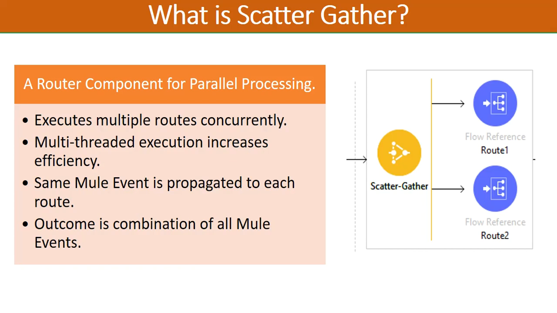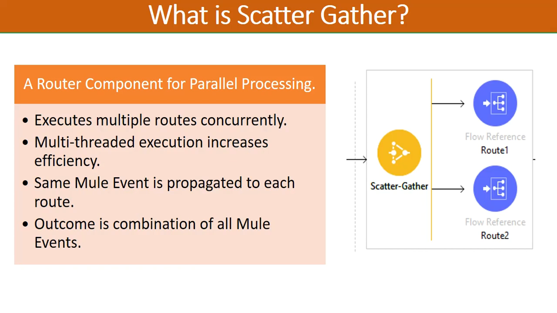In this case, we have multiple threads which are going to execute these different routes, and the same Mule event will be propagated through a reference to each of these routes. So basically, all of the routes will have the same Mule event, and they will be performing actions on the same set of events.